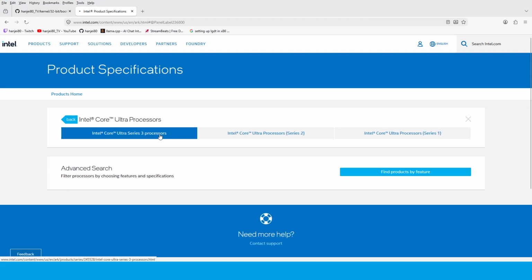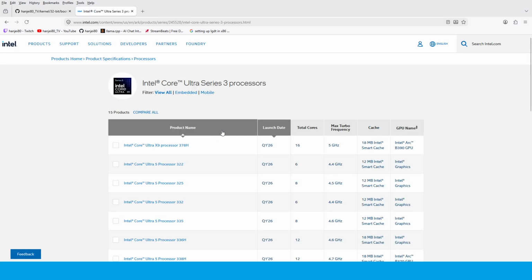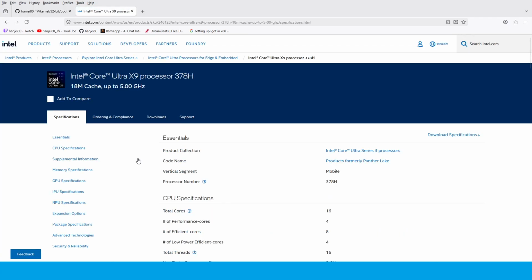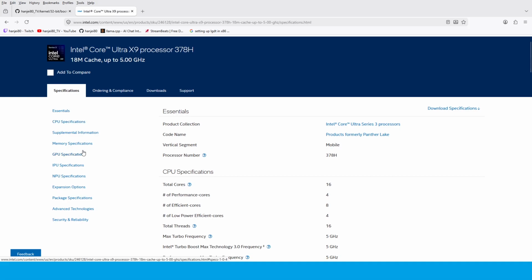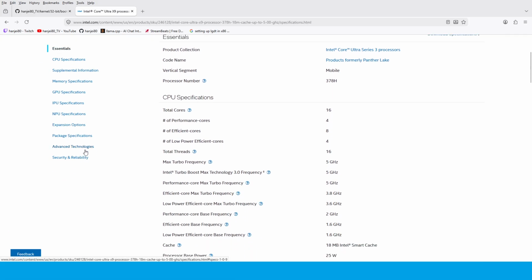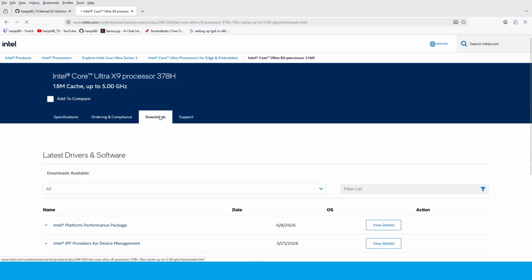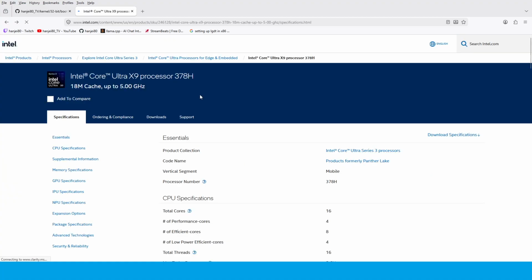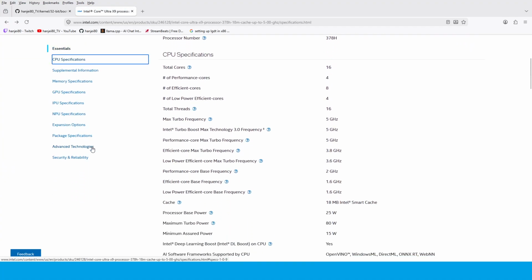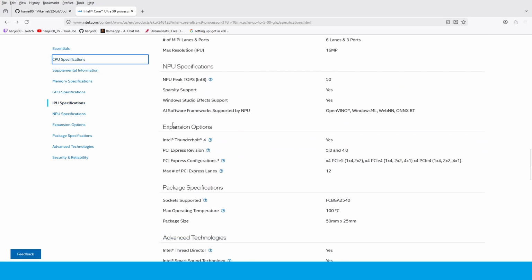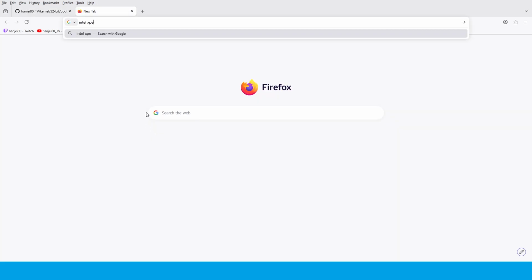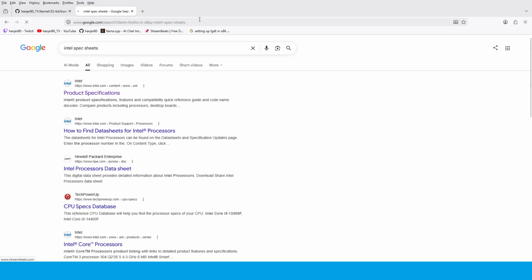They don't have old spec sheets, so look at the latest one anyway. They used to have a data book, data sheets. This is it.